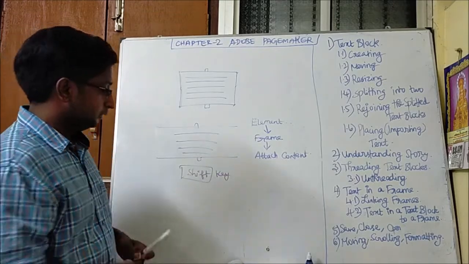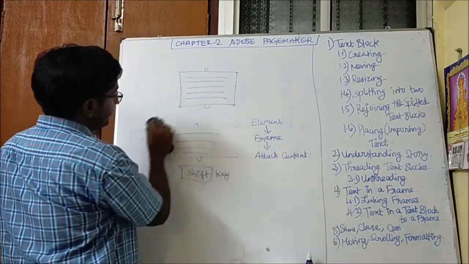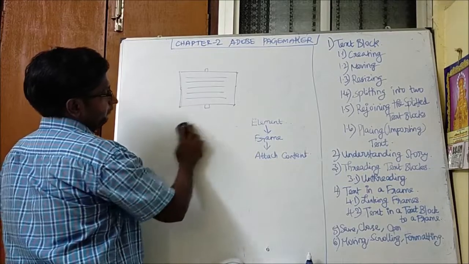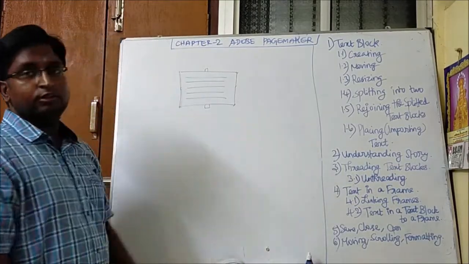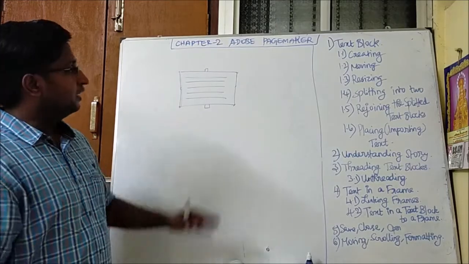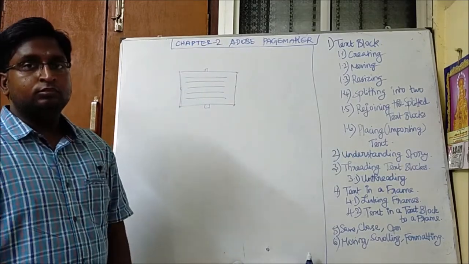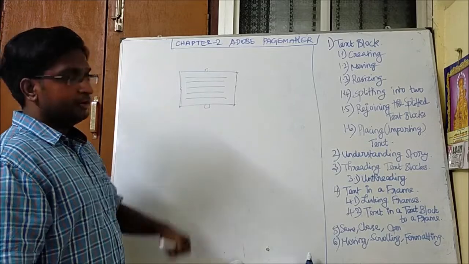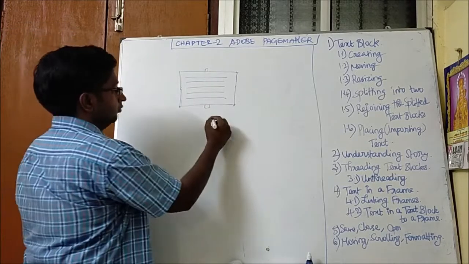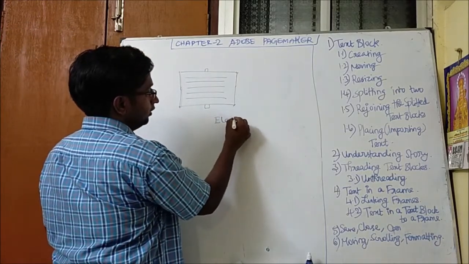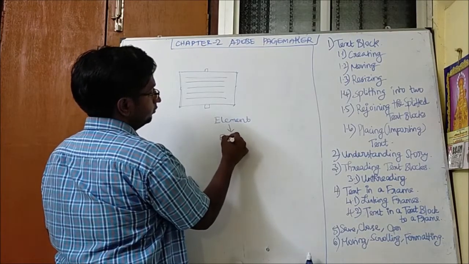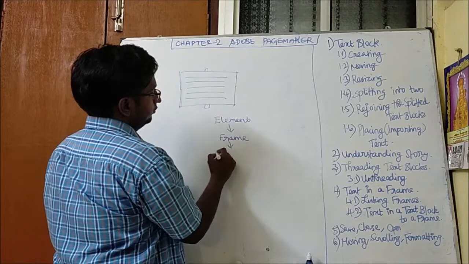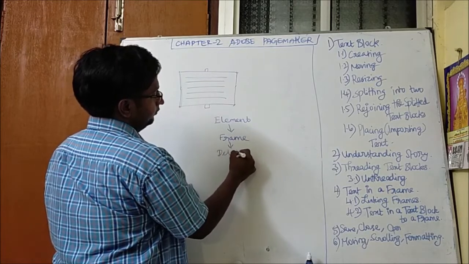So the next one is separating the text. We have added the text from the text block into a frame. So we have to separate it. Similarly, select the frame, element, frame, delete content.